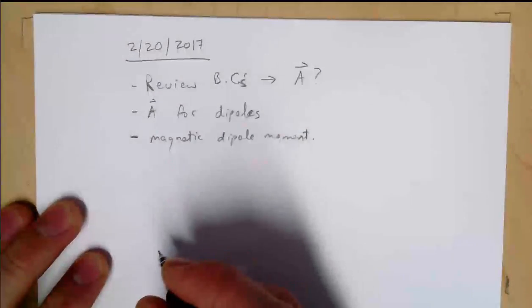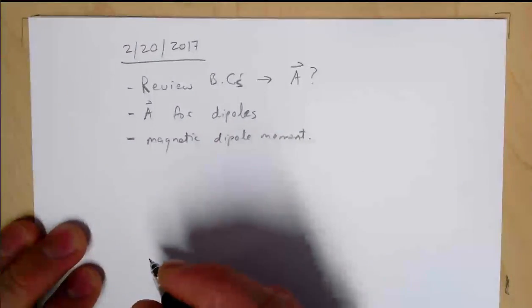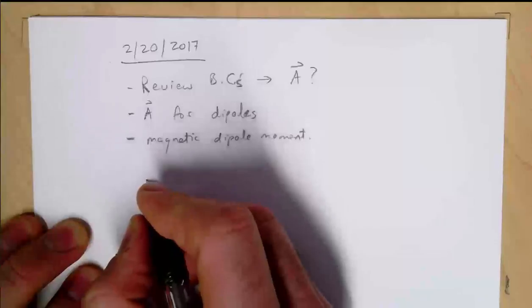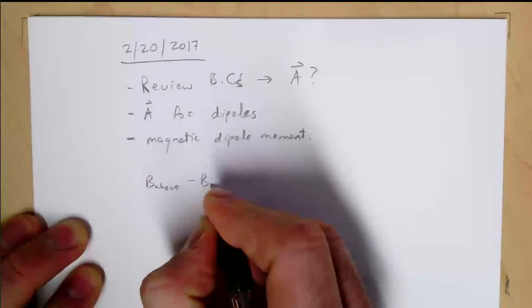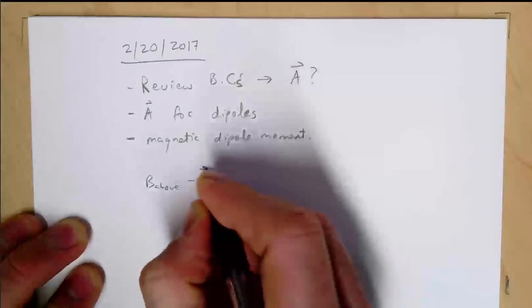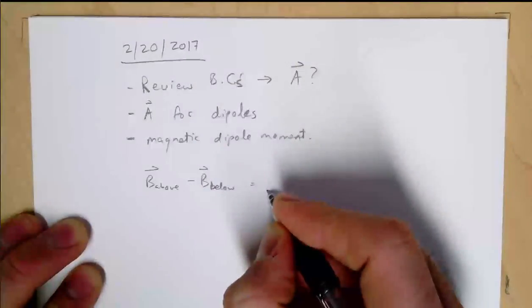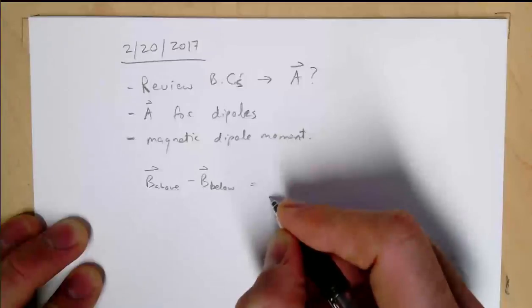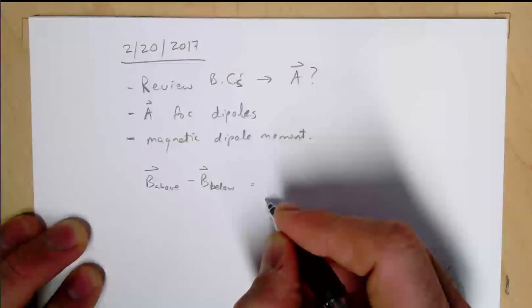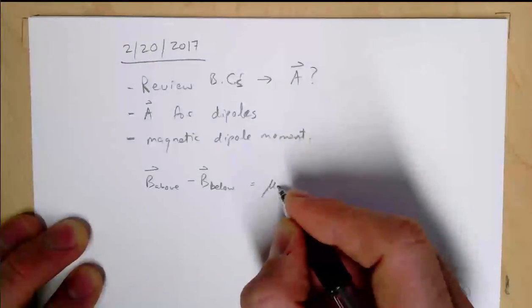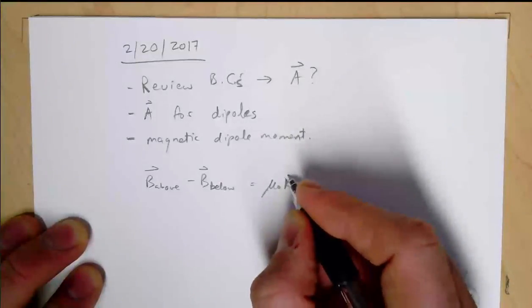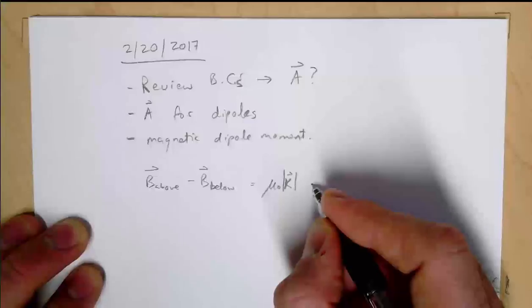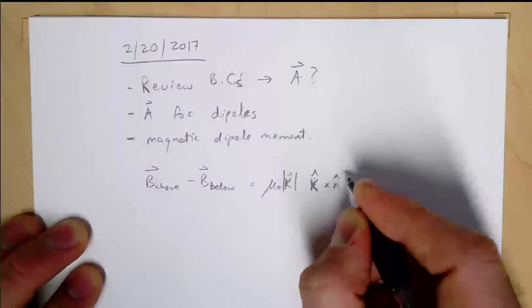So we got some insight about the boundary conditions on B. To summarize, we saw that B above minus B below some interface was equal to mu naught times K in the K cross n hat direction.